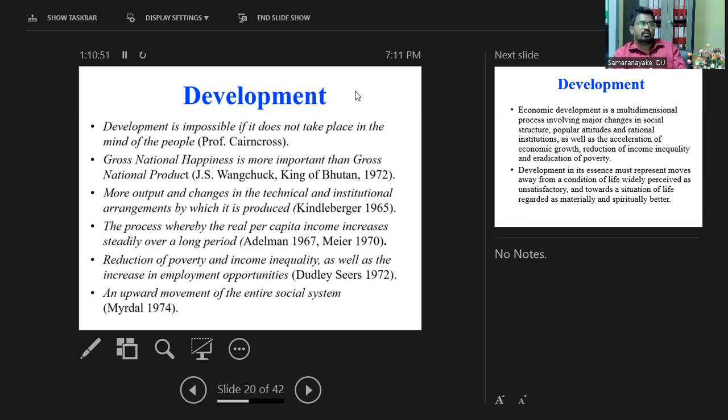And also when it comes to development, we have aspects like this from Kindleberger, Adelman, Dudley: more output and changes in the technical and institutional arrangements. So it's more technically oriented, production-based. That will enhance development. And even they say the process whereby the real per capita income increases steadily over long periods.